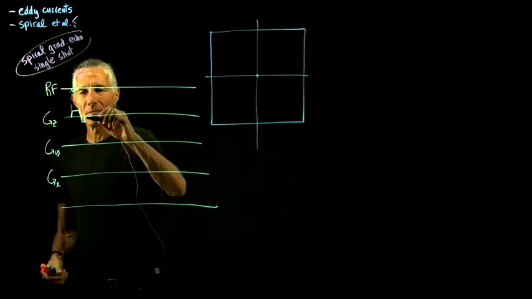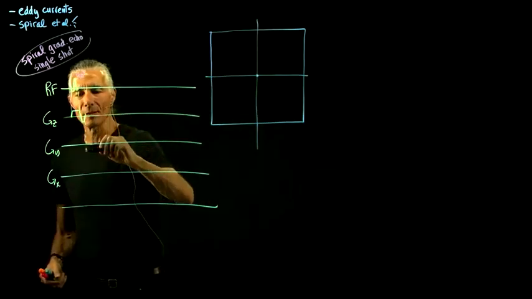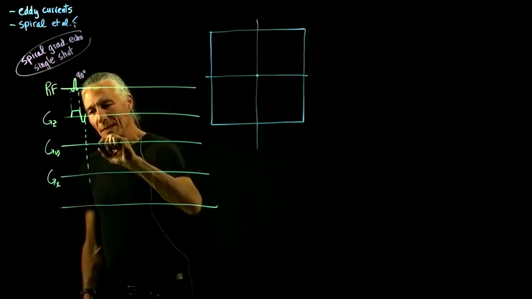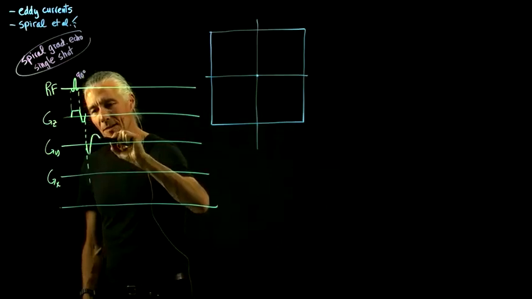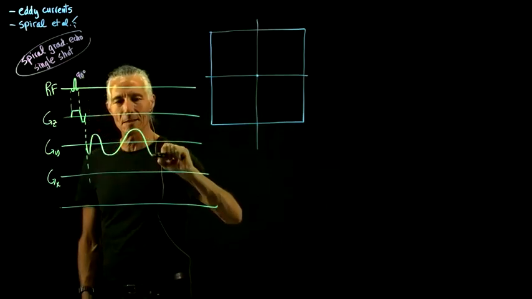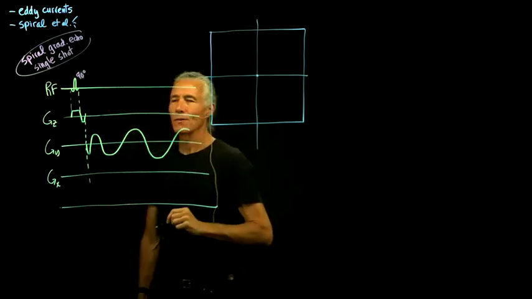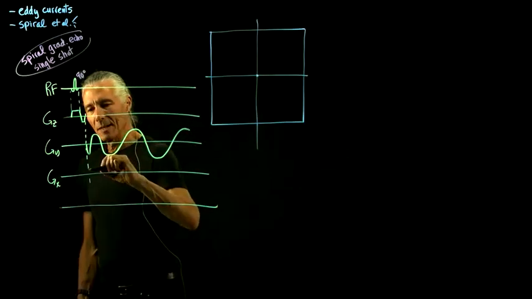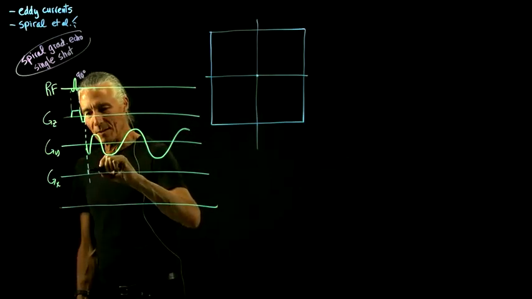And so what we can do is put something that looks like a sine on this one, going further and further apart. And then we'll put one that looks like a cosine on this one. So here, this guy looks like a cosine.